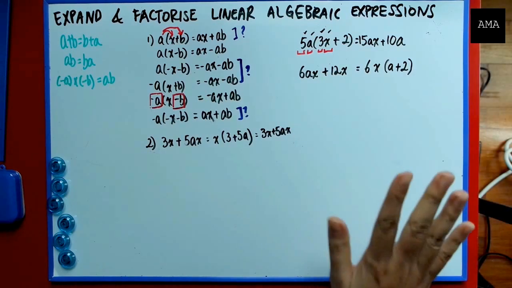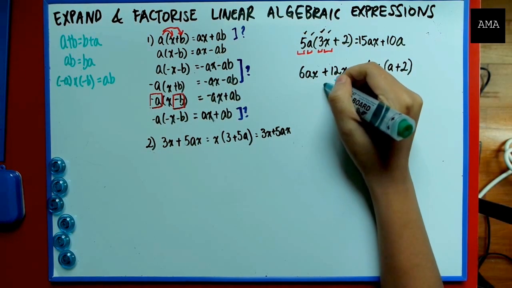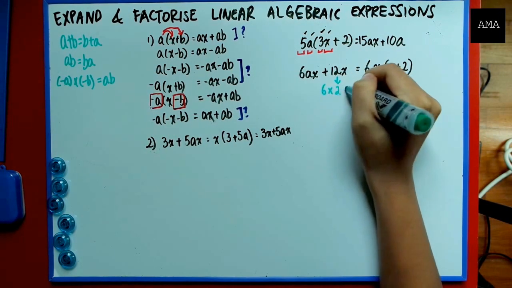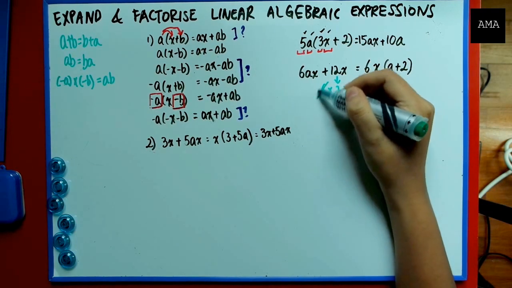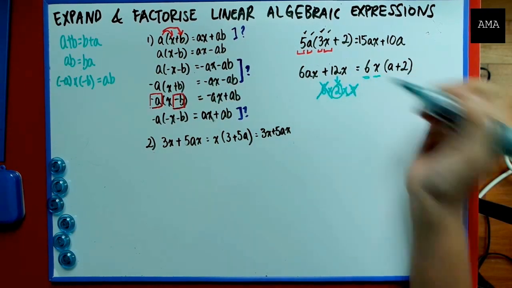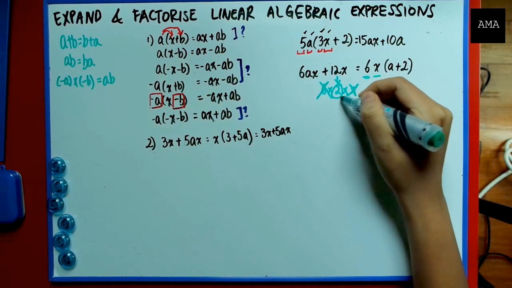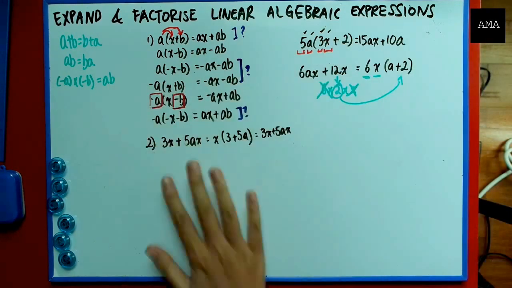Okay, so actually what I did here is this 12x, I wrote it like this: 6 times 2 times x. So once I take 6 out, and then I take x out, I'm left with 2. So 2 goes here. Okay, so this is some simple expanding and factorizing.